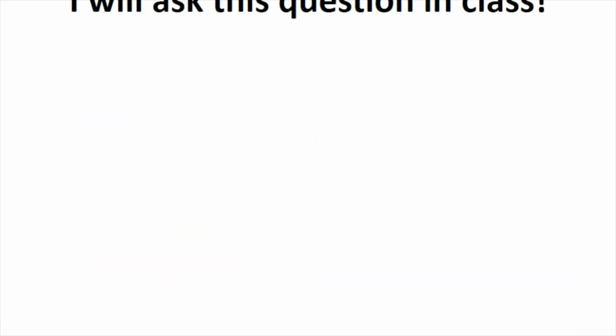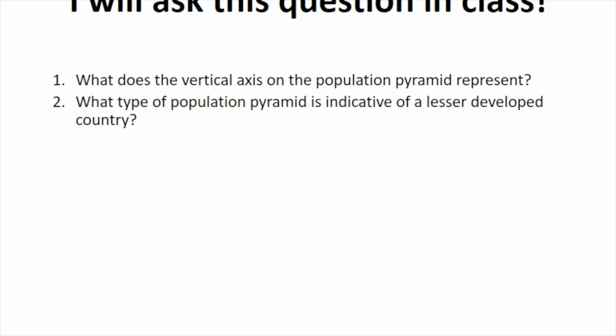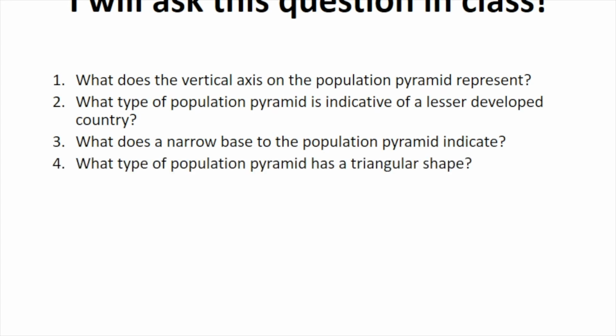So for today's class online material, in class I will ask these questions. What does the vertical axis on the population pyramid represent? What types of population pyramid are indicative of a less developed country? What does the narrow base of the population pyramid indicate? And what type of population pyramid has the triangular shape?